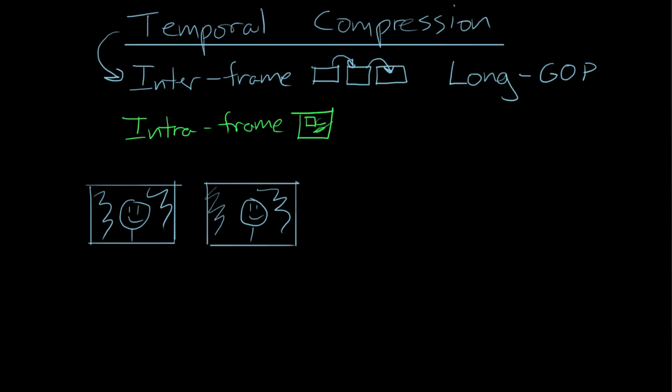So in a long GOP codec, the algorithm is going to say, hey, look, all this stuff around here is exactly the same from this frame to the next frame. So when we store this, we'll store the whole frame, and then we'll calculate what has changed in the next frame, and we will save only the difference between this frame and that frame.